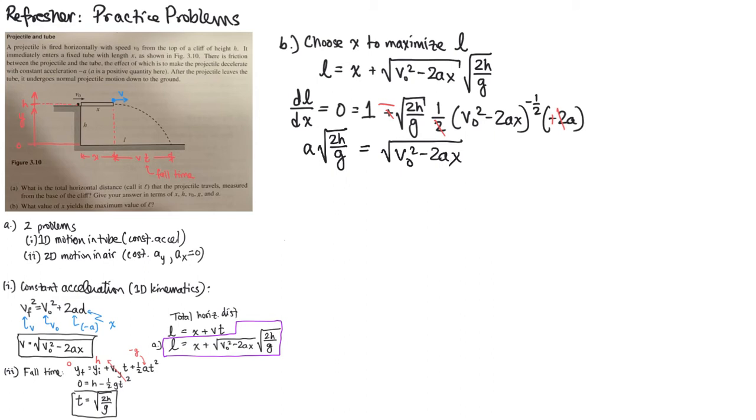We can square both sides and then solve for x. So when we square both sides, we will get a squared 2h over g equals v naught squared minus 2ax. And you continue to rearrange: 2ax equals v naught squared minus a squared 2h over g, and then solve for x.